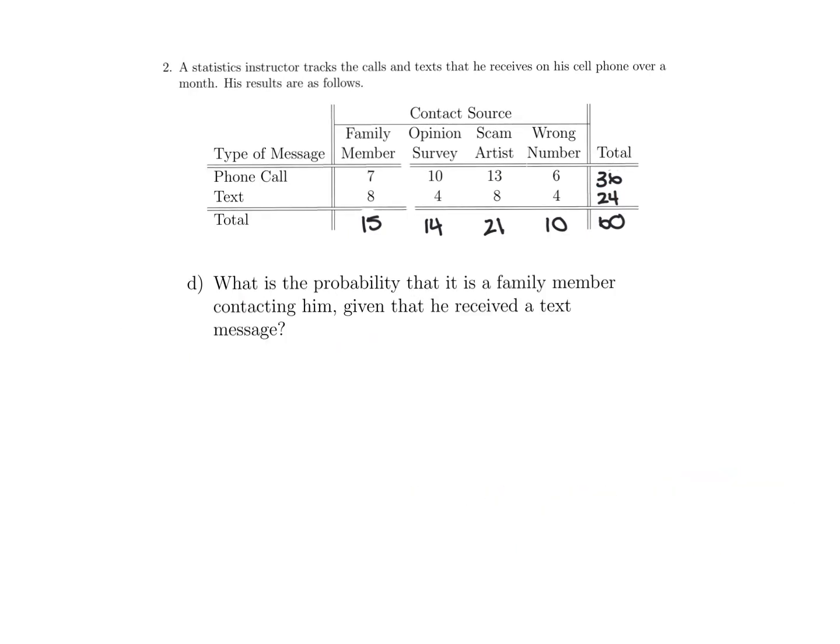Next, we will be solving for the probability that it is a family member contacting him given he received a message. After reading this problem, can you find a key word that would help give us a formula to solve this probability? This keyword would be given.